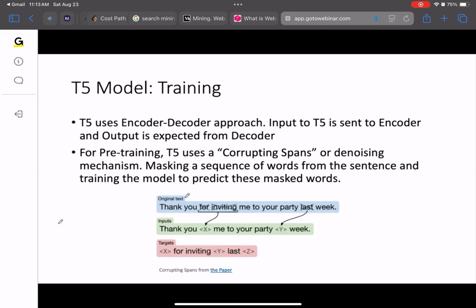Given a sentence, we replace a span of tokens with certain markers like X, Y, etc. This is what is provided to the encoder. And what we try to predict in the decoder is this: the words that are missing, and the other words are left as blanks. That's what we do in the decoder.